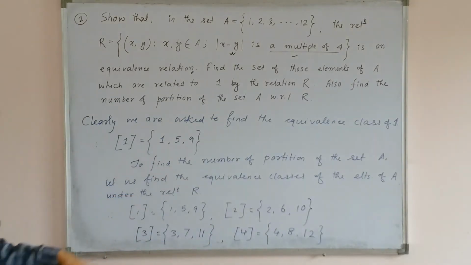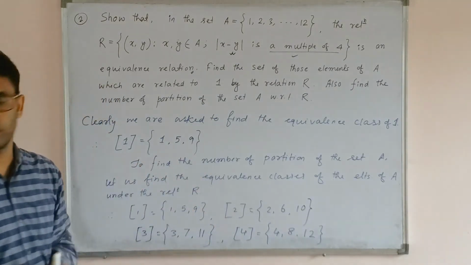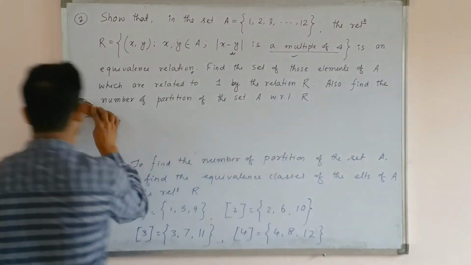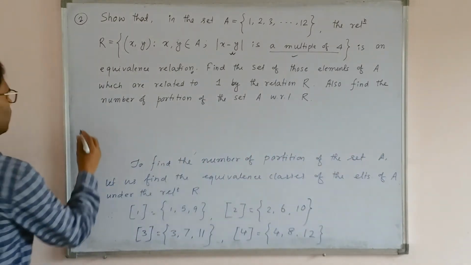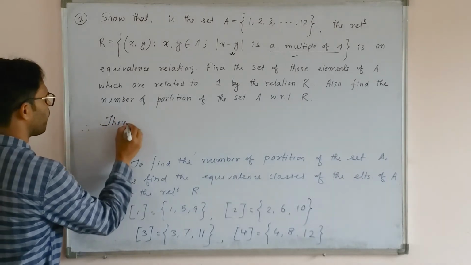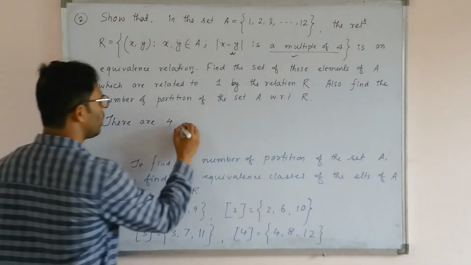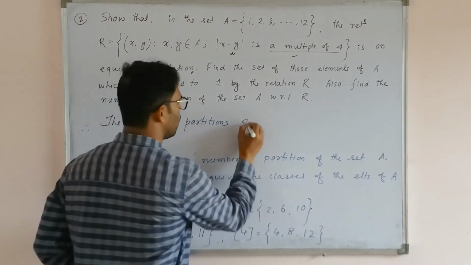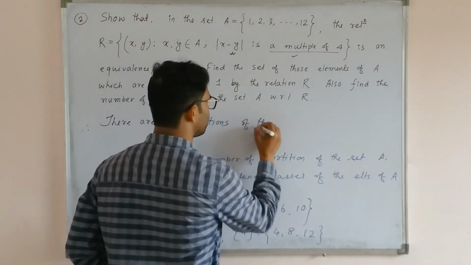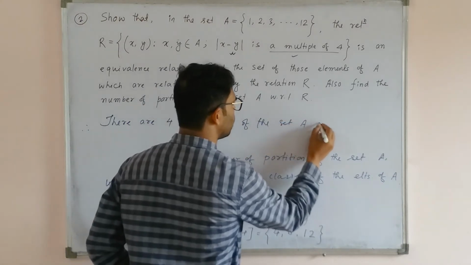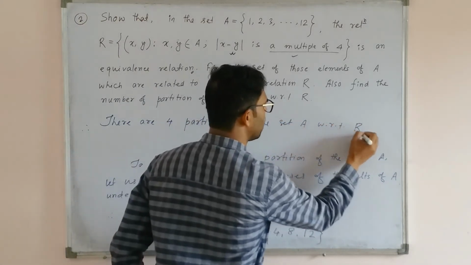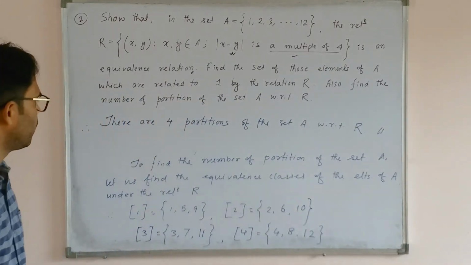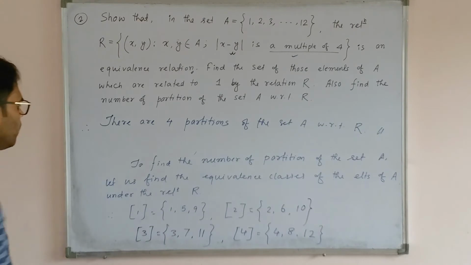So directly remember: there are 4 partitions of the set A with respect to R. The equivalence relation R gives these partitions. So that completes the solution of the problem.